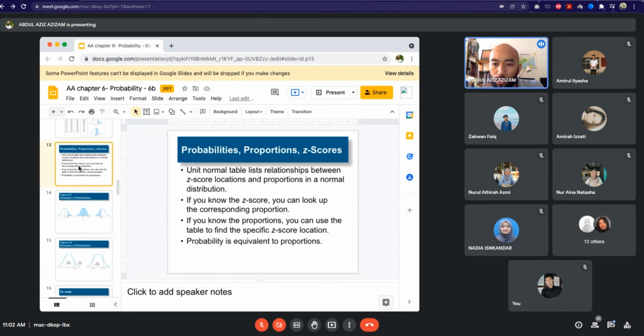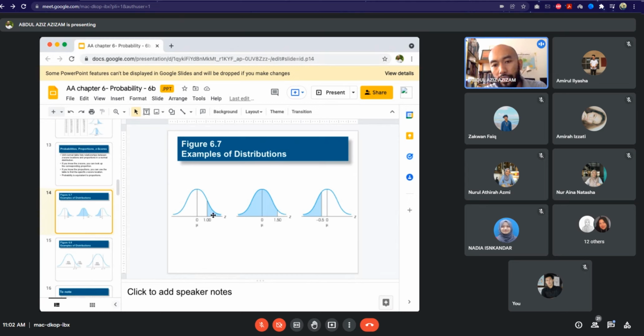If you know the proportion, you can look up the z-score location, because probability is equivalent to proportion. For example, here we have the location for the tail. Look at the shaded tail area, the tail part, and we can see its z equals 1. This is the area for the body. Right? And this is also the area for the tail, but the tail on the left side.